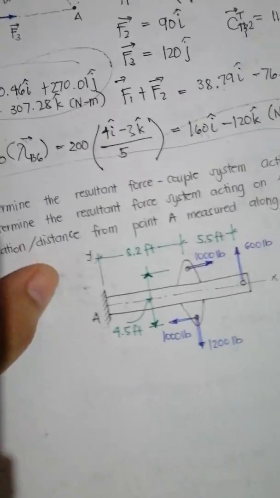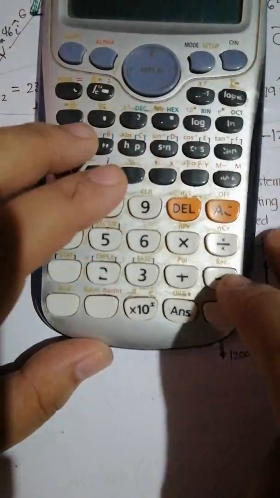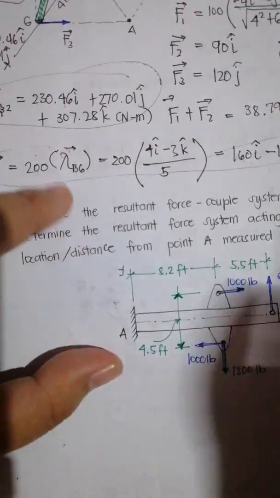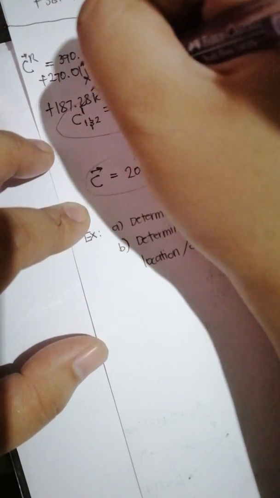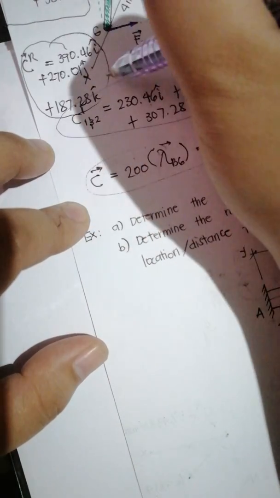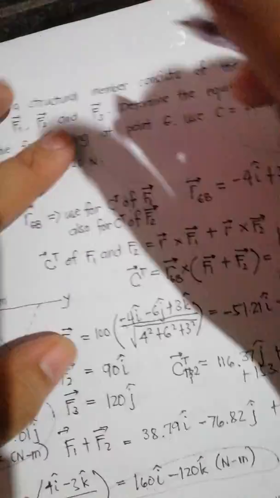And as for K hat, 307.28 minus 120 is 187.28 K hat. So ito yung couple resultant. This is in Newton meter. Ayan. Okay, tapos na tayo.